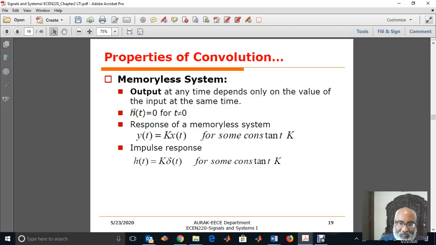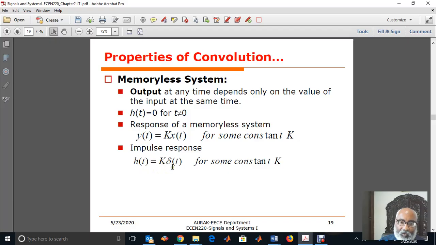What kind of system will give you this? For example, h of t is equal to k times Dirac delta of t. Remember what the Dirac delta is? It is the impulse function, which is infinity at t equals 0 and 0 otherwise. So if I have a system like this and I want to calculate y of t with input x of t, y of t is x of t convolved with h of t.